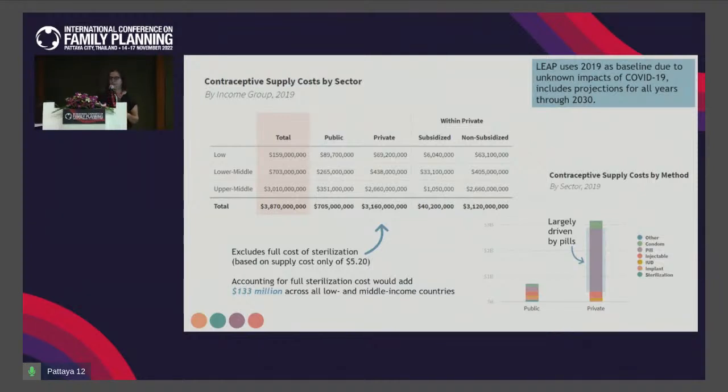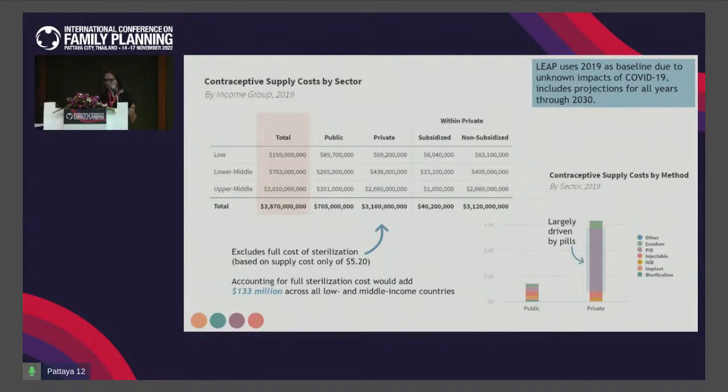So we estimate about $3.2 billion in expenditure across low and middle income countries, though as you can see, the large majority of that, about $2.7 billion, is coming from upper middle income countries. Also from that graph, you can see that that is largely driven by pills. So I'd say that pills purchased by women living in upper middle income countries accounts for the vast majority of this expenditure.